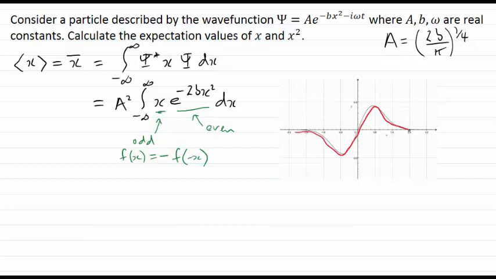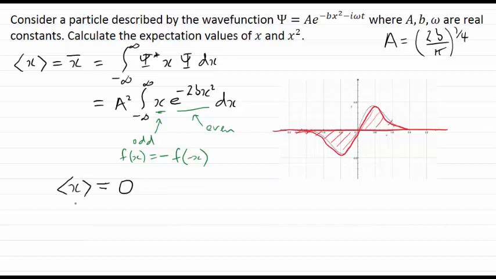And that tells you if you're going to integrate all the way along the x-axis here, basically anything you get for your integral on this side will be the negative of what you get for the integral on this side. And you can see straight away, even without actually doing that or looking at the standard integral, which you could do, that this thing's going to actually come out to equal 0. So our expectation value of x here will be 0.